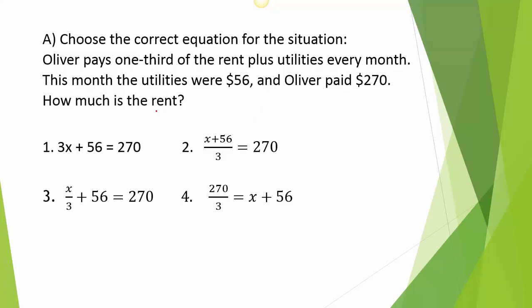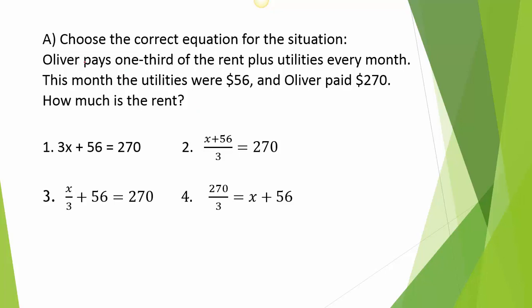Okay, I'm going to start by saying that the value that we're looking for is how much is the rent. So that's our variable. So when I talk about rent, I'm going to call that X, because usually when I'm looking at these problems, the thing that I'm looking for is the unknown. So it's the variable that we're going to try to solve for.